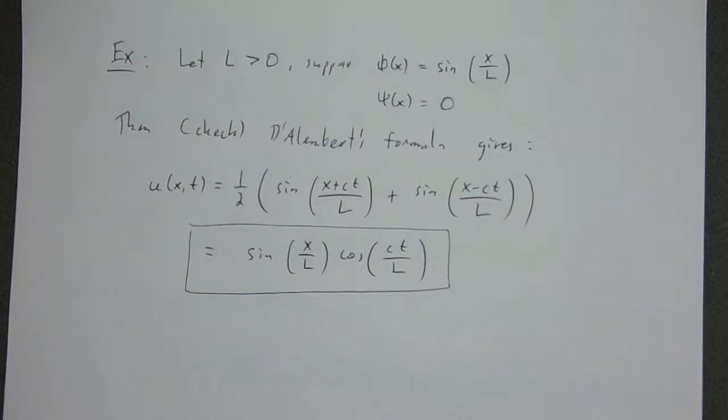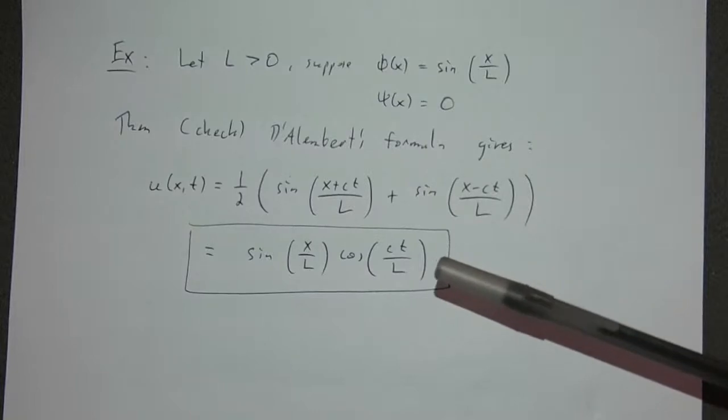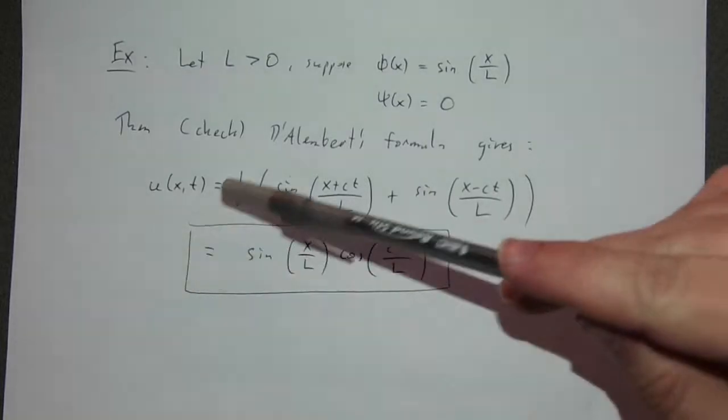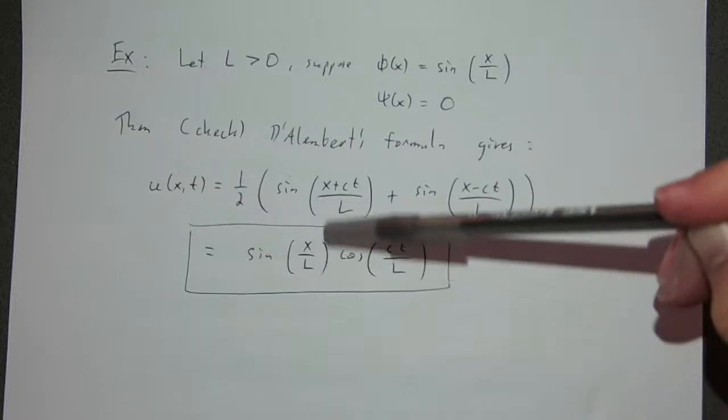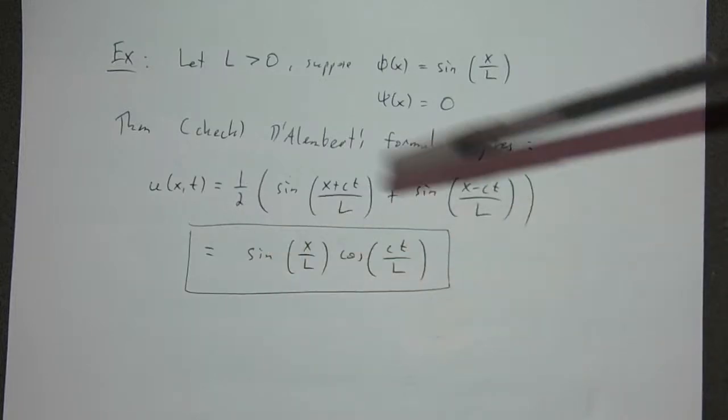So there's my solution. Now, you might notice something about this solution. I'll talk a little bit more about this on Monday, in the next lecture. First of all, you might notice that this solution splits as a function entirely of x and a function entirely of t.